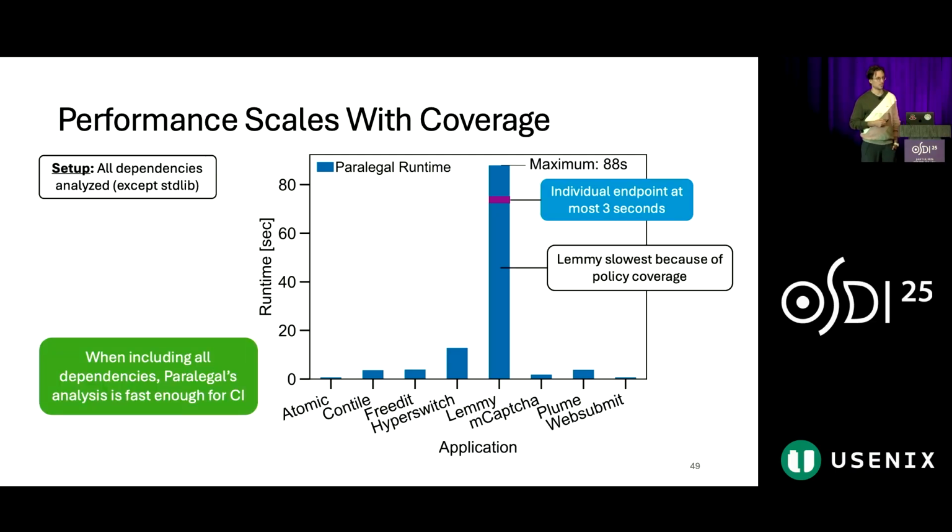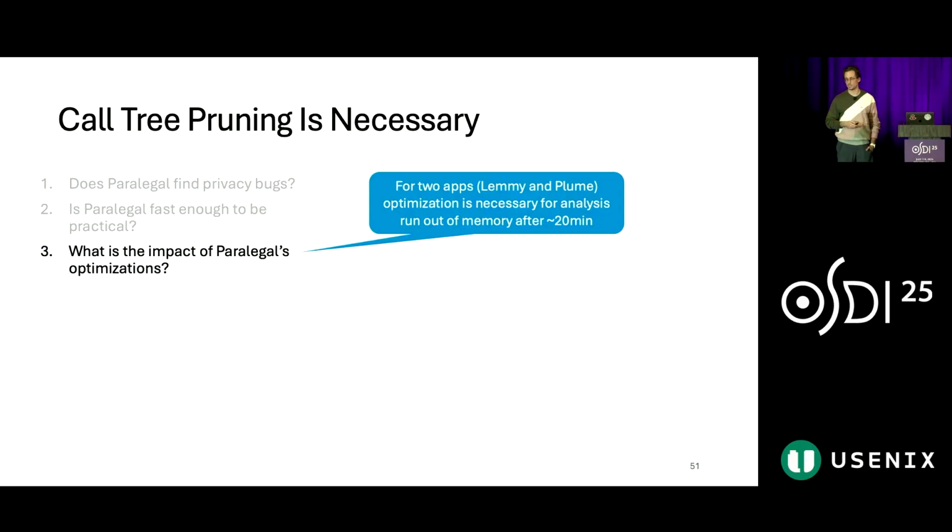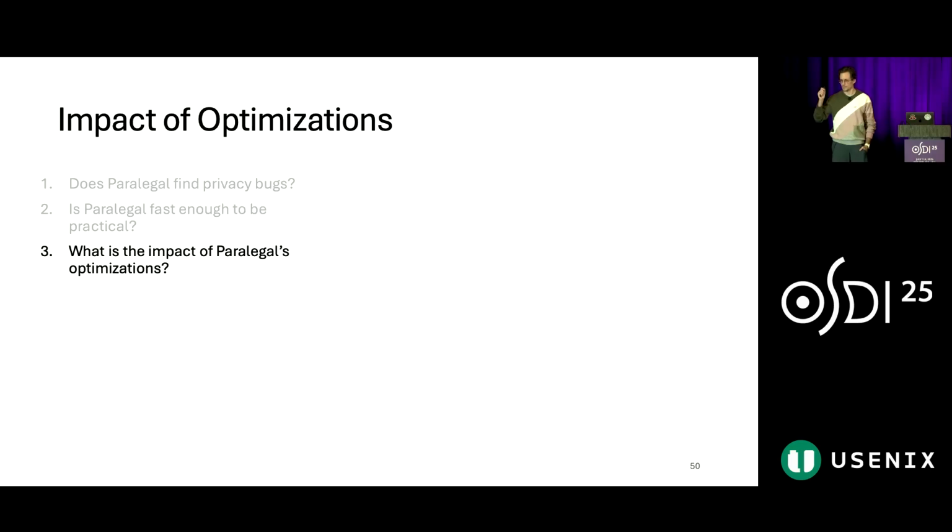So to conclude, when we include all dependencies in our analysis, Paralegal is fast enough to be run frequently, for instance, as a continuous integration job. And the last evaluation question I want to answer here is, how well does it compare to the related work we saw before? When Paralegal runs this analysis over all the dependencies, it has to analyze quite a lot of code.